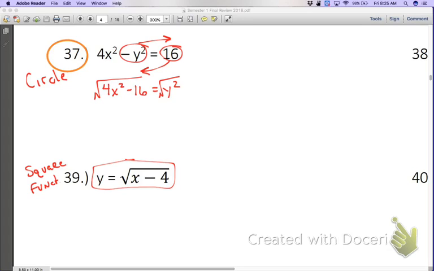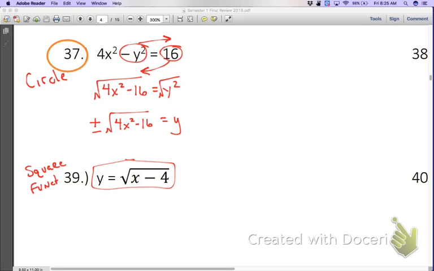Whenever I do that, I am going to have a plus or a minus the square root of 4x squared minus 16, and it's going to be equal to y. Since I'm solving for y squared and I take the square root, there is a plus and a minus version.